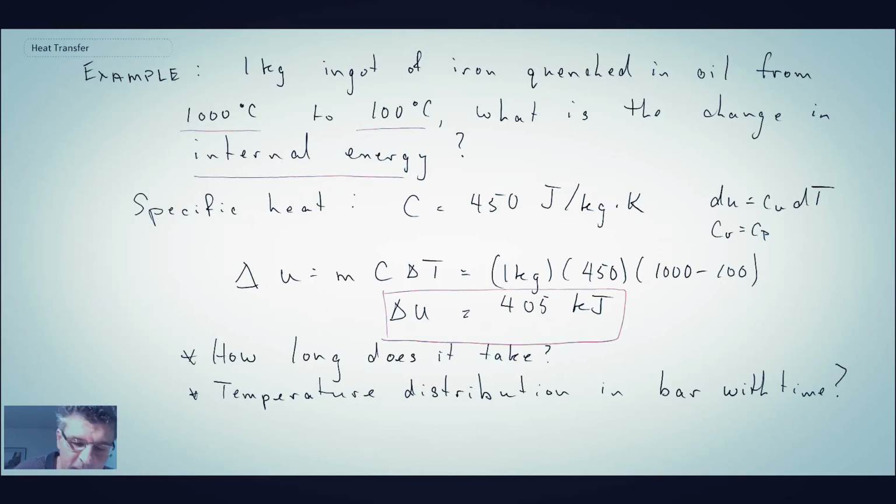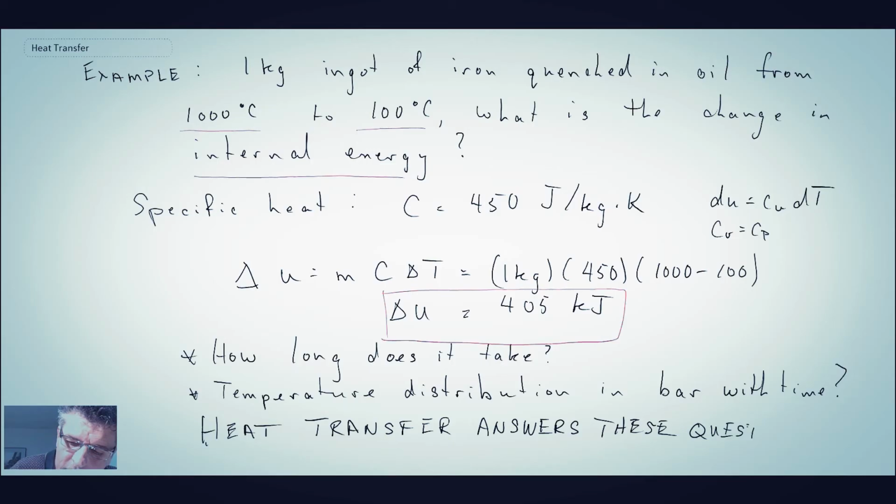Heat transfer gives us these answers, and so that's why you're studying and watching this video, hopefully, and we'll watch more videos, and that way you'll be able to figure out how to solve this using heat transfer. And if you're not interested in that and you just want the thermodynamic approach, go and watch the thermodynamics course.